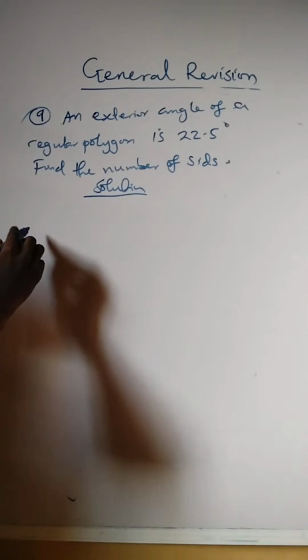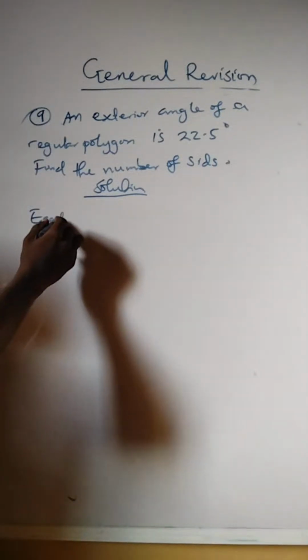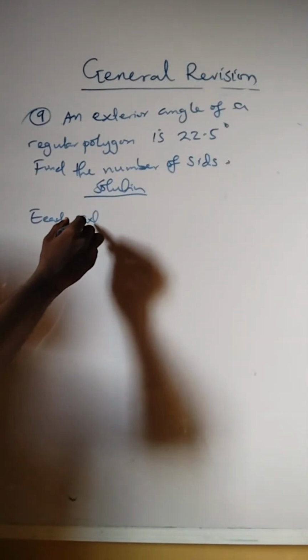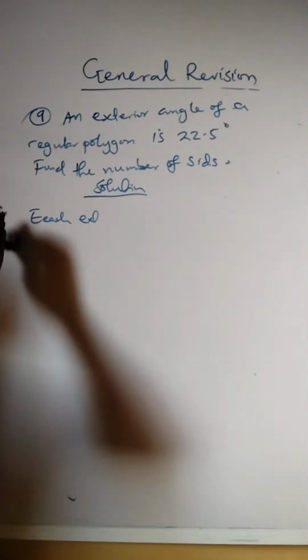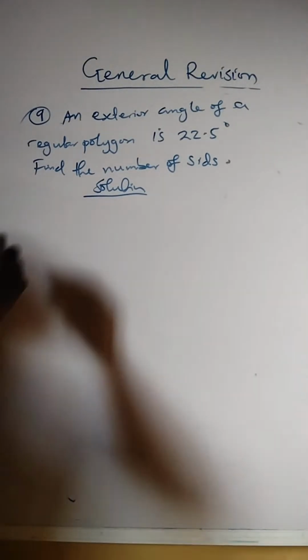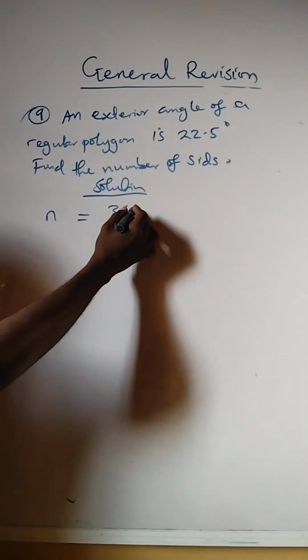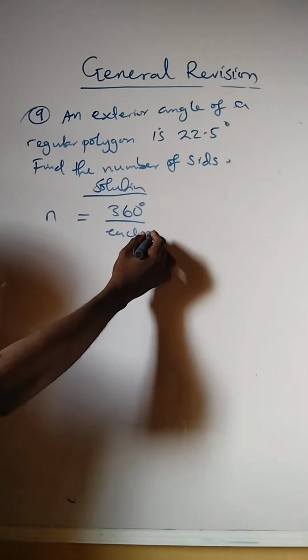So we can find the number of sides directly. The number of sides, denoted as n, will be equal to 360 degrees divided by each angle.